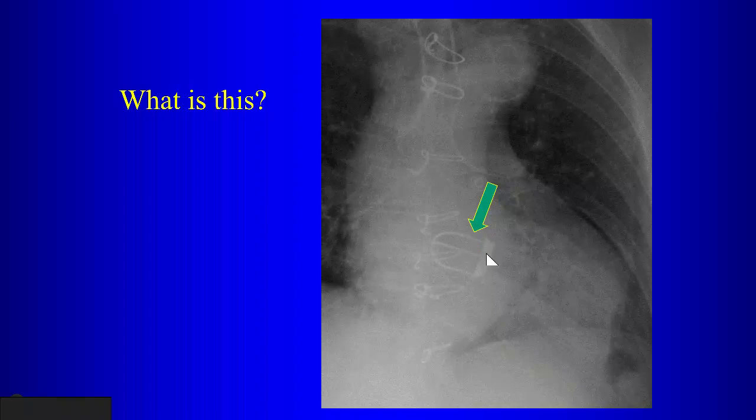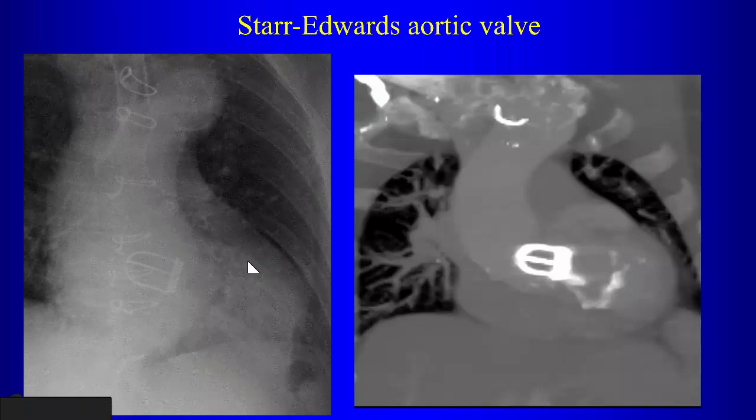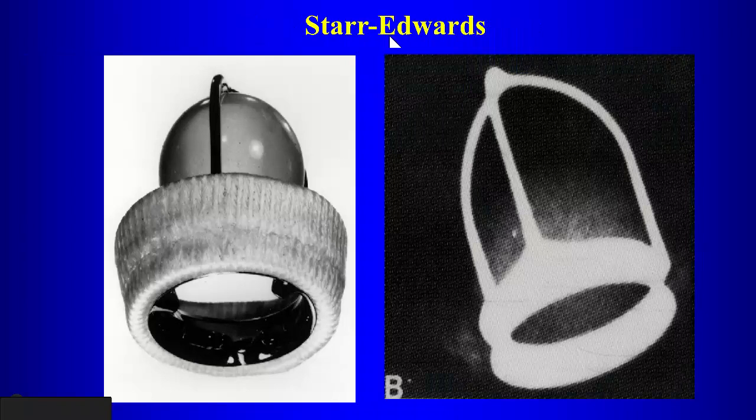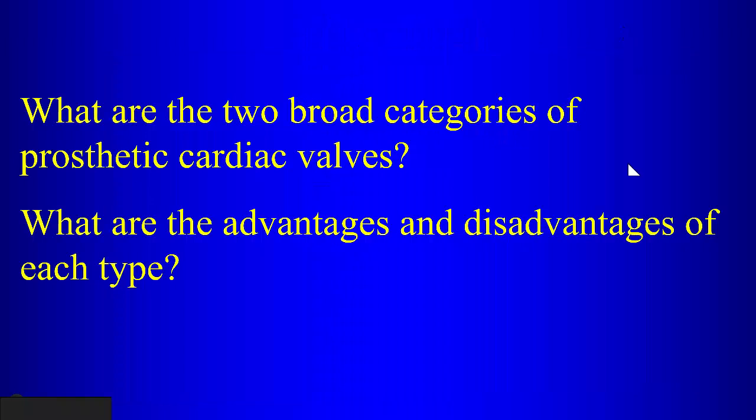Now, these haven't been used for years, but we did run across a patient that still had one of these. So that's called a Starr-Edwards valve. It's a ball and cage. There's a radiolucent ball in there, and that's how the valve works. So these are no longer used. Very unusual to see nowadays.